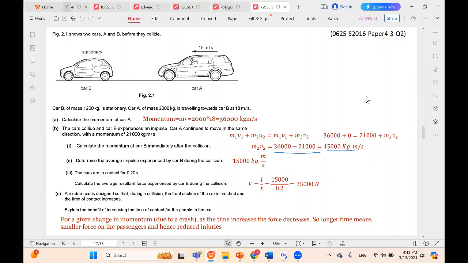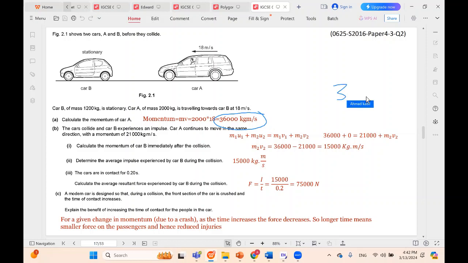You can think about it as follows. The total momentum before the collision is 36,000 because the momentum of B is 0. After the collision, A has 21,000, so what does B have?